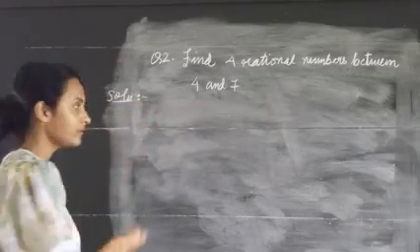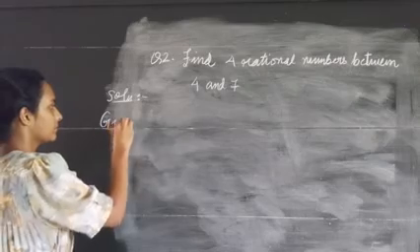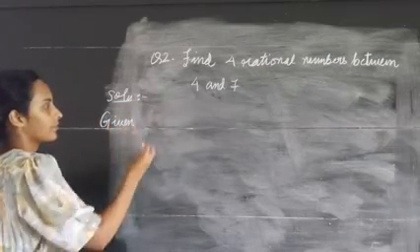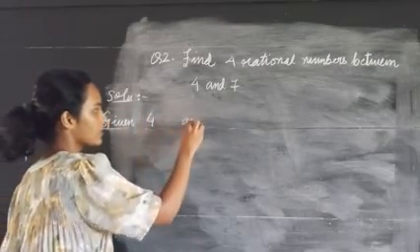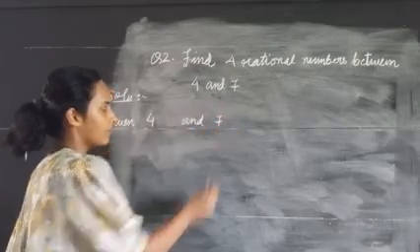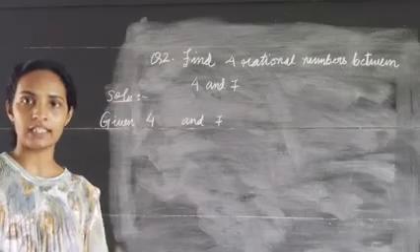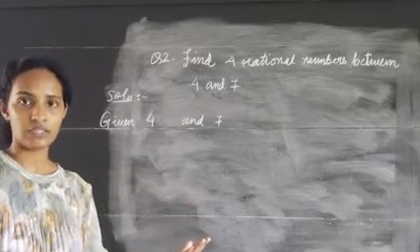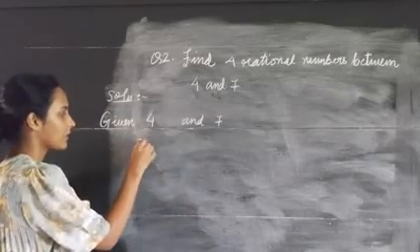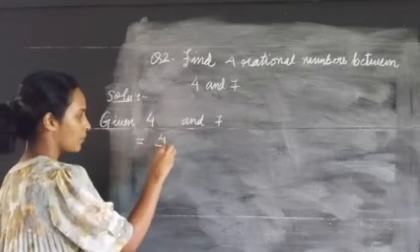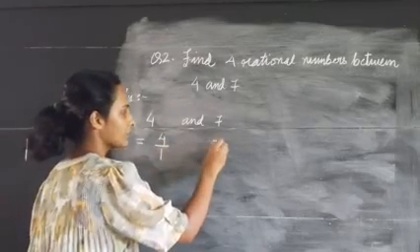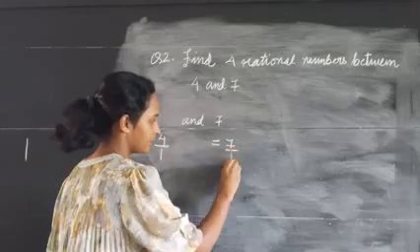What are the numbers given? Given 4 and 7. Right? Now, following the same method, the same steps that we have seen in the previous question, let's carry out the same method. 4 can be written as 4 by 1. 7 can be written as 7 by 1.